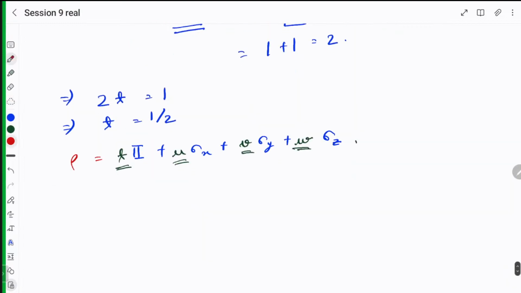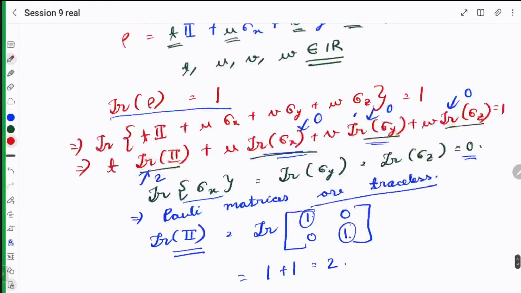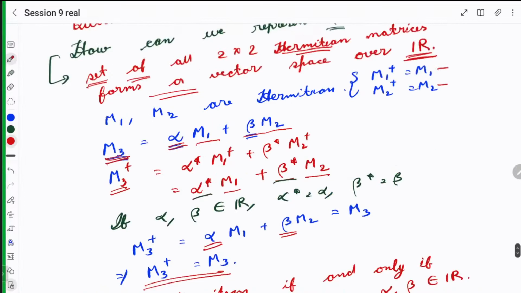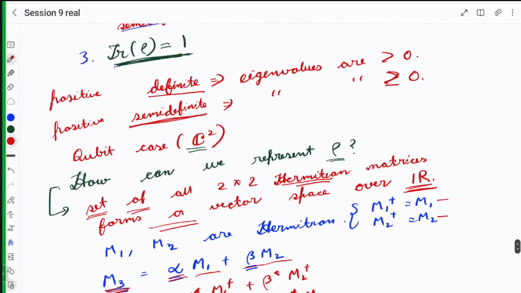We will get half identity plus U sigma x plus V sigma y plus W sigma z. Now there's only one condition left to apply, that it is positive semi-definite.